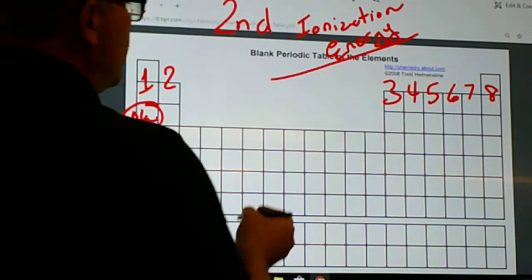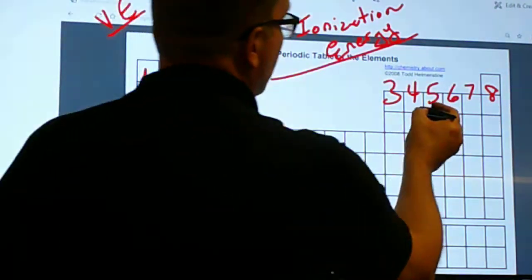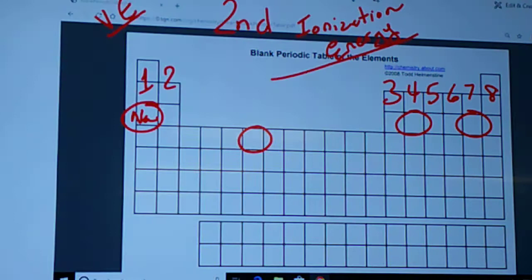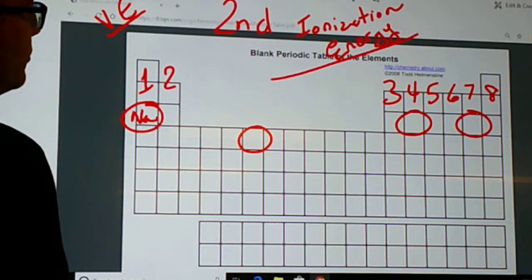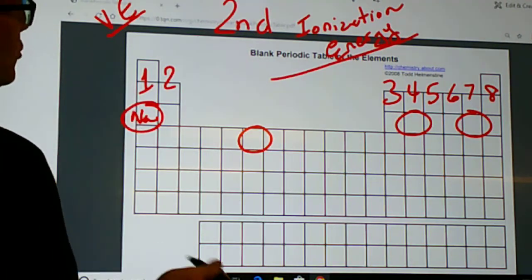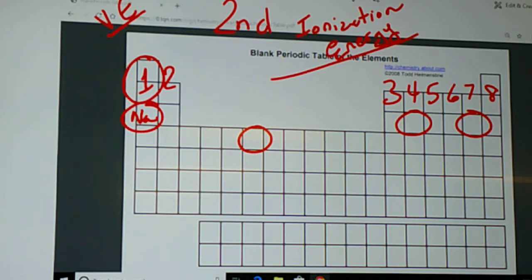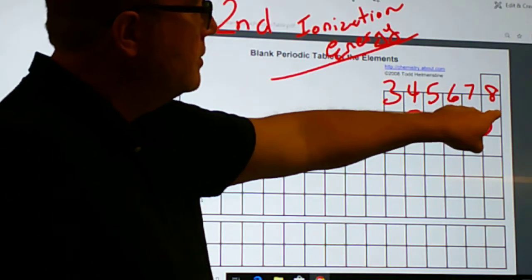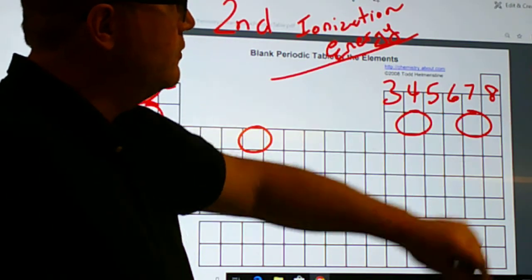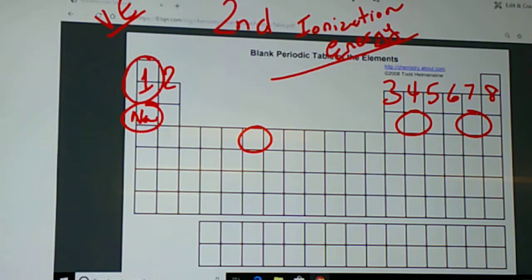And then maybe we'll put one here, one here, one here. Again, second ionization is the energy in losing 2 electrons. So which one would have the highest increase? It would be here. And you can look at it simply as you have 1 valence electron. So I would lose 1 to get to here, and then when I lose my second, this guy doesn't want to lose it. But again, do it based on valence electrons.